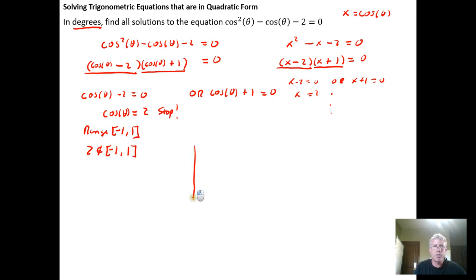The cosine function, when it's zipping along, has a high of 1 and a low of -1, and that's all it ever gets. It doesn't get up to 2 unless you do some sort of vertical translation. So when does the cosine of theta equal 2? Never.